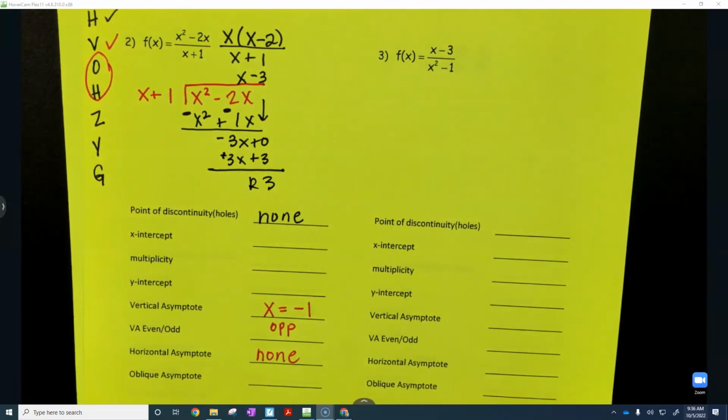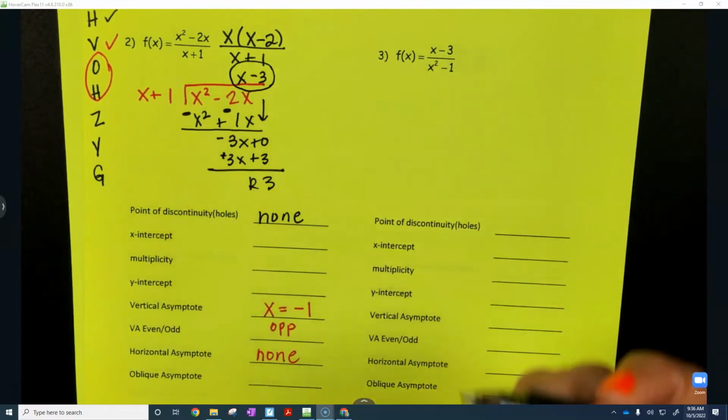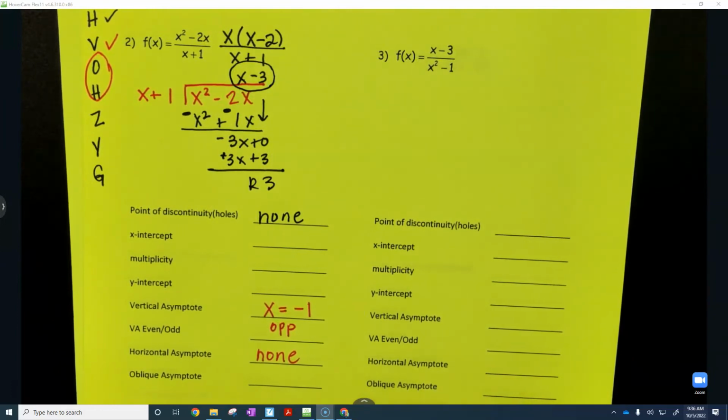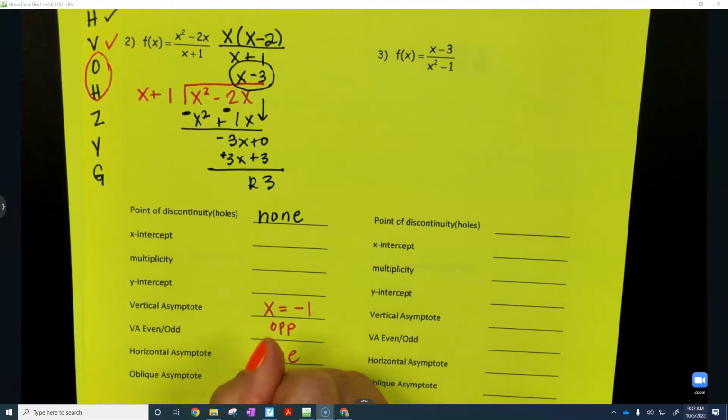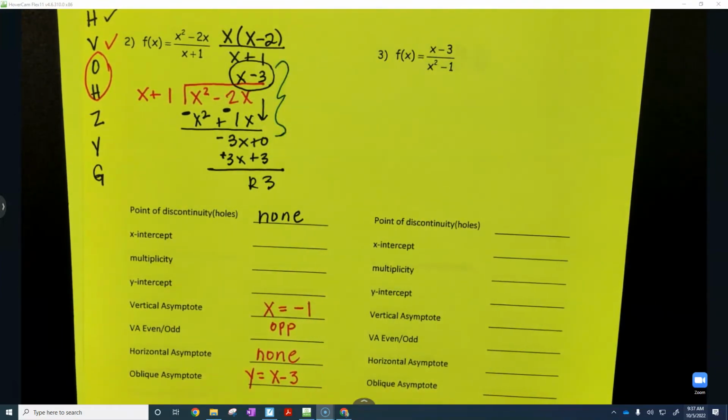But the oblique asymptote is the quotient. So y'all, we're going to have a line at y equals x minus 3. So on the oblique asymptote line, write y equals x minus 3. And guys, if you have a highlighter or something, remind yourself, because that's going to be really easy to forget.